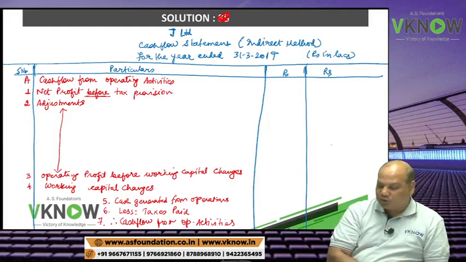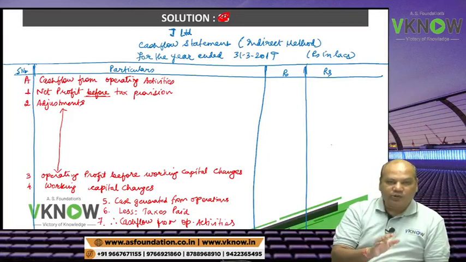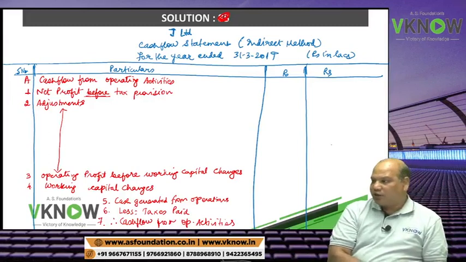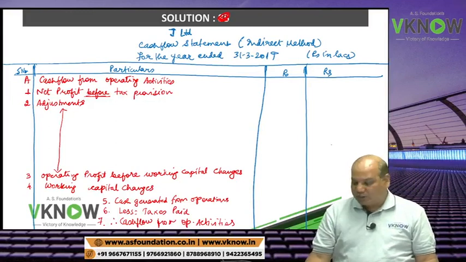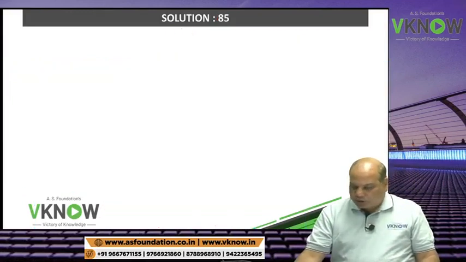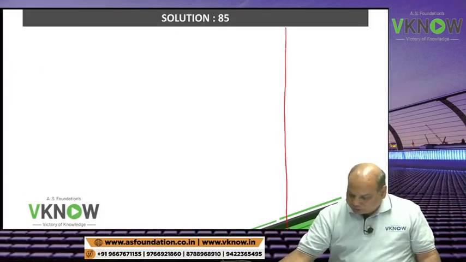Point 3, operating profit before working capital changes. Point 4, working capital changes. In this question the figure is given directly. Point 5, cash generated from operations. Point 6, less tax paid. And the last line is cash flow from operating activities.